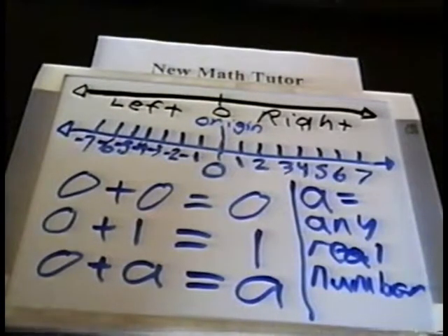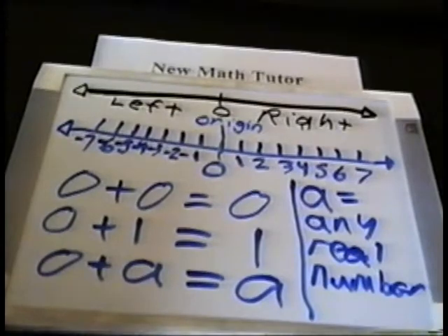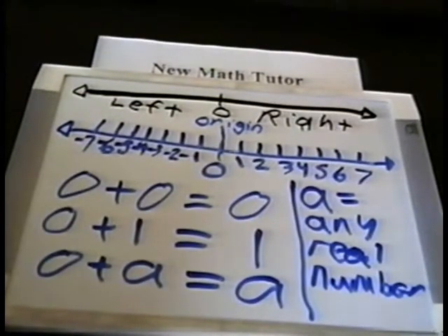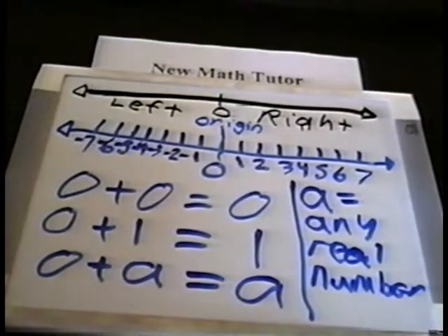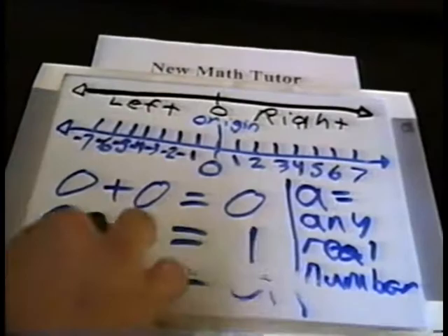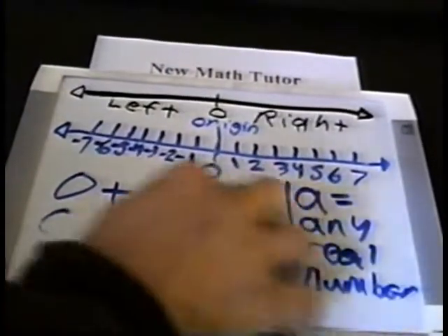This is called the identity property of 0. It's called the identity property of 0, such that when you add 0, that is part of the identity of 0 and identity of any real number, that when you add 0 to it, it does not change that number.